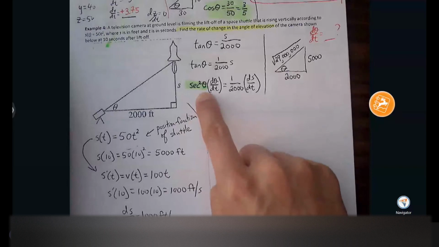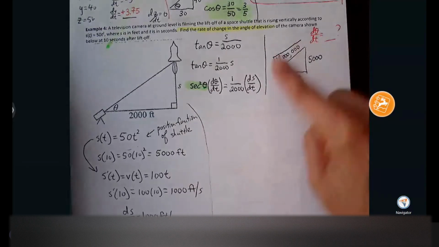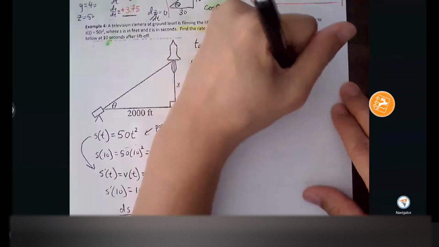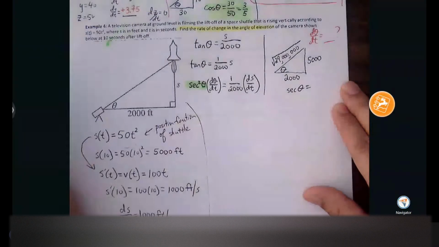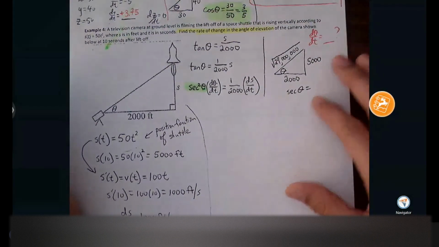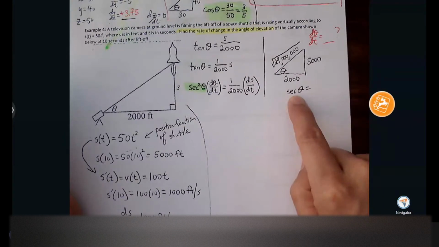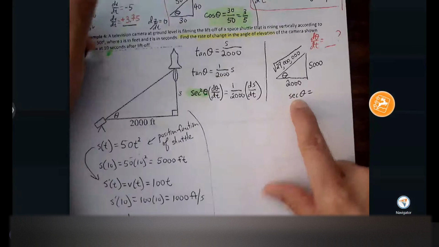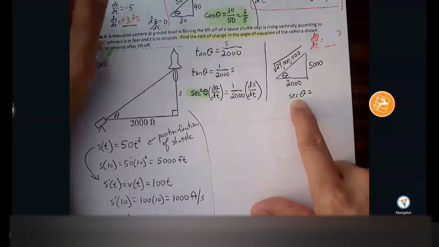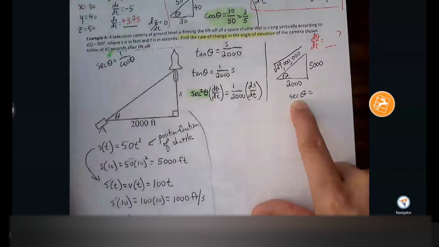So now we need to find what secant of theta is, because we want to replace the entire secant theta with a numeric fractional value. Now, secant is the reciprocal of what? Sine. Cosine. No, it's cosine, yeah. So it's 1 over cosine.